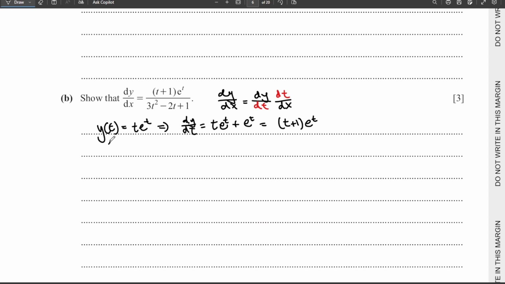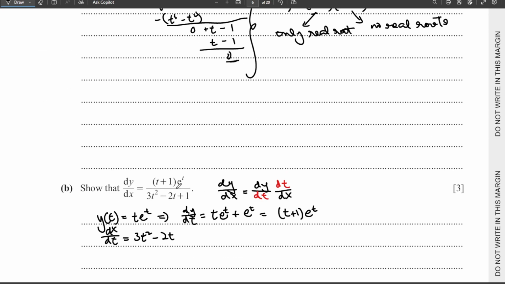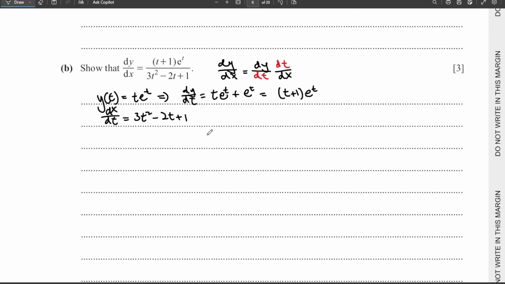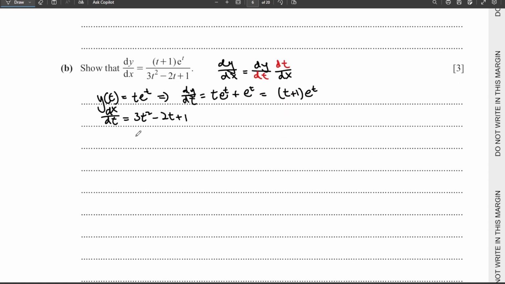And dx/dt. dx/dt is a polynomial, so it's pretty straightforward. We just minus 1 from the power and multiply it down. And the minus 1 is a constant, so once you differentiate, that just goes to 0.